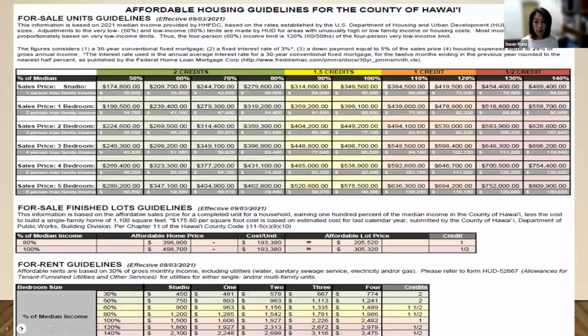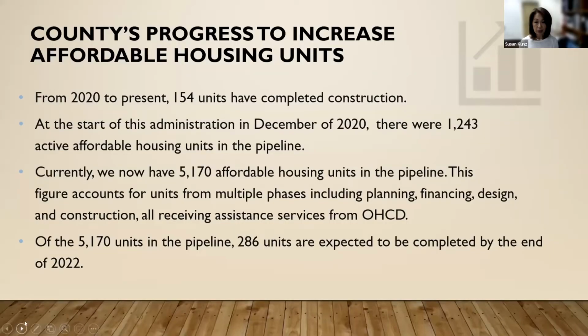And I'm not going to dwell on this because I think this group is pretty well versed in these numbers. This is something that I really like to share because it talks about where the Office of Housing and this county is at with regard to our progress in affordable housing development. And I want to make sure this group is clear that the numbers that I'm reflecting here are only affordable housing unit numbers where the Office of Housing is engaged with developers.